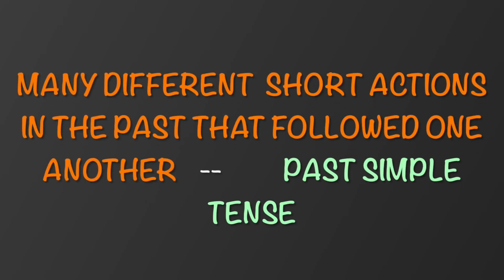Another situation when we use past simple is when we talk about many actions that happened in the past and followed one another. For example, I prepared a presentation, wrote 5 emails, and attended a conference yesterday. Simple past is very often used with the time expressions, the words that show that the action finished, the action is completed in the past.